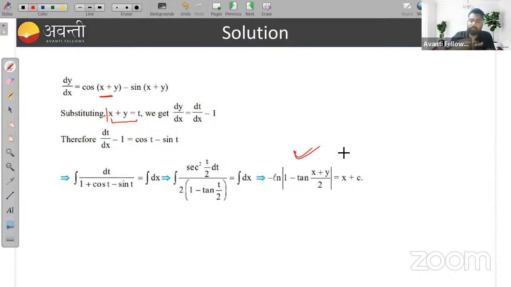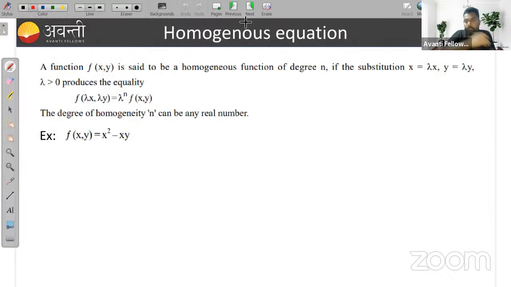Yes. So now we'll learn what a homogeneous equation is. A function f of x, y is said to be a homogeneous function of degree n if the substitution x is equal to lambda x and y is equal to lambda y, for lambda greater than 0, produces the equality f of lambda x, lambda y equals lambda to the power n times f of x, y. If you are given a function f of x, y, how can you check whether it is a homogeneous function or not?